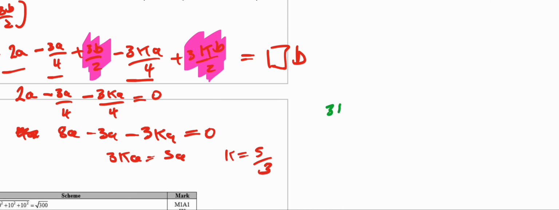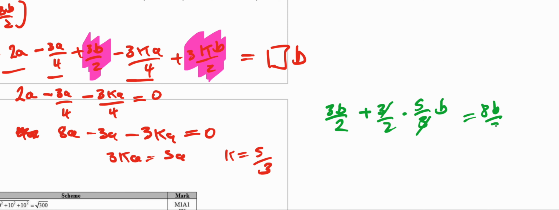So 3b over 2 plus 3 over 2 times 5 over 3b, and add them together, so those 3's will cancel. So 5b over 2 plus 3b over 2 is 8b over 2, which is 4b.